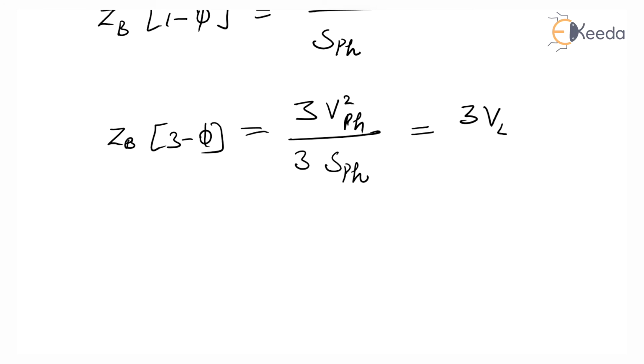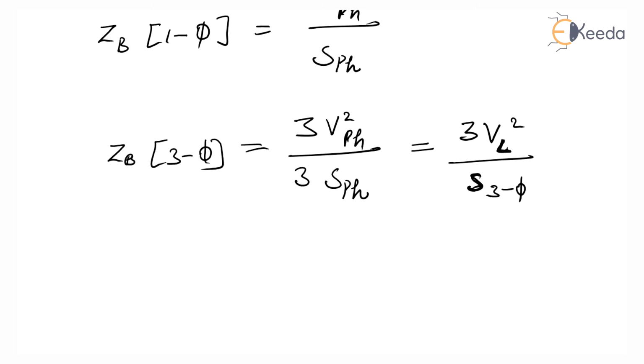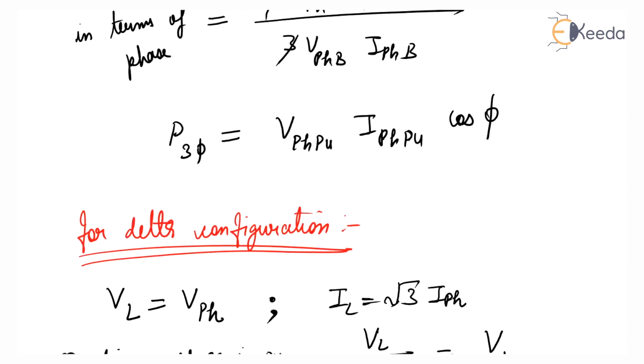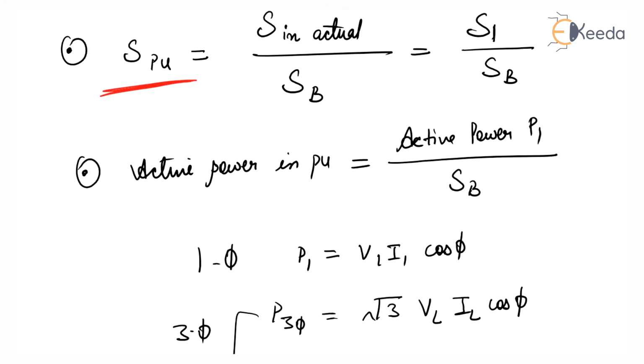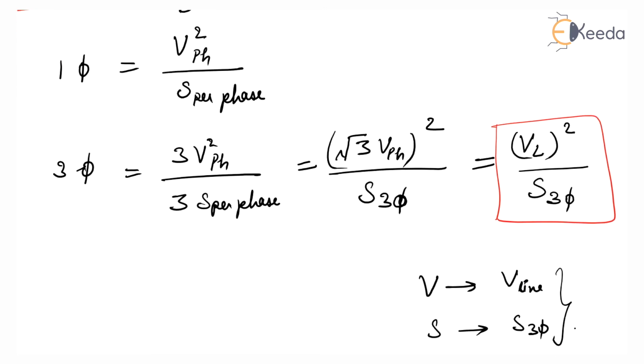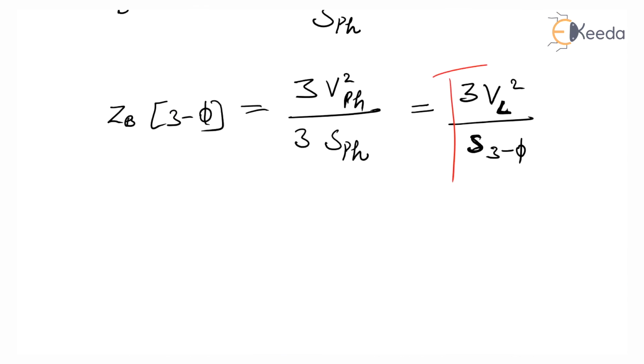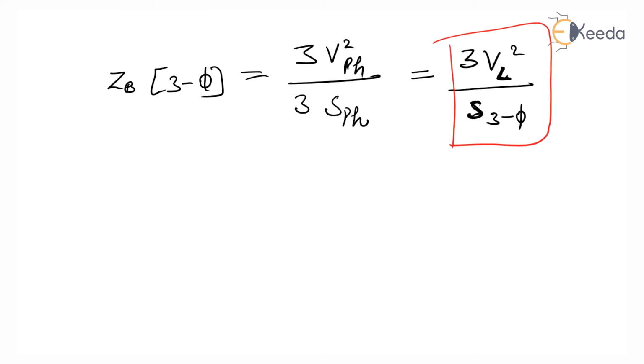For star configuration, Z base is equal to VL square upon S three phase, and for delta configuration, Z base is equal to VL square upon S three phase.